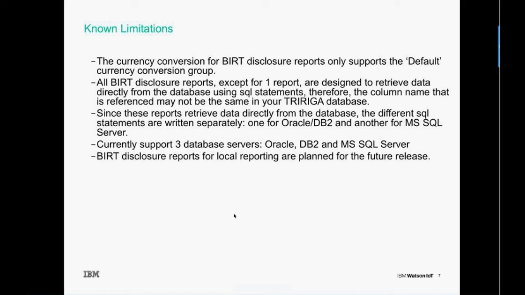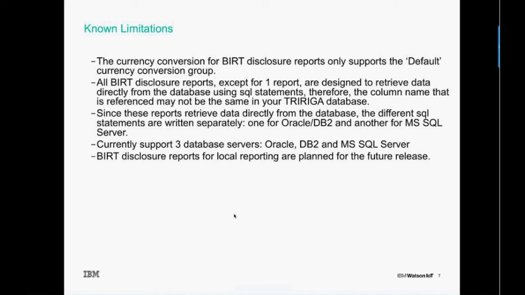One is for the Oracle DB2 script, and another for the Microsoft SQL Server. So that is why you need to set the application settings record with that TRIRIGA server, to let us know which type of database server you are running the BIRT report against, whether it's Oracle, DB2, or Microsoft SQL Server.